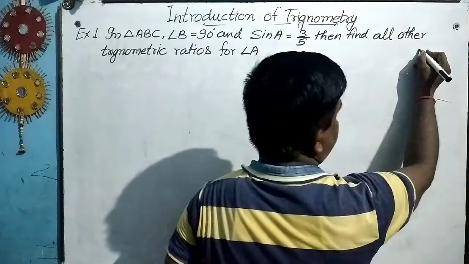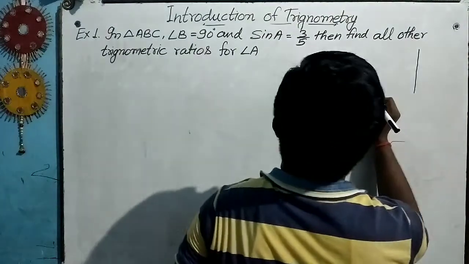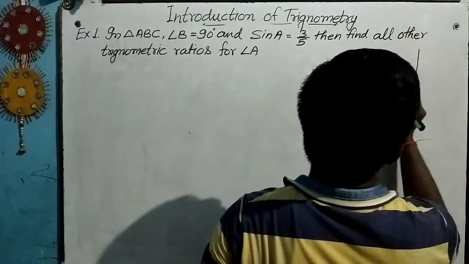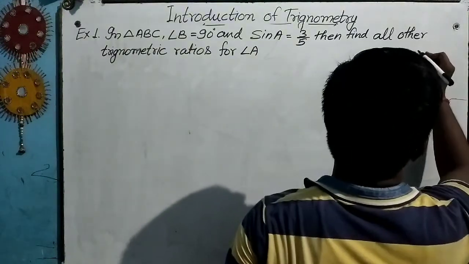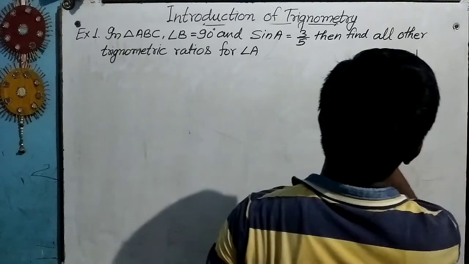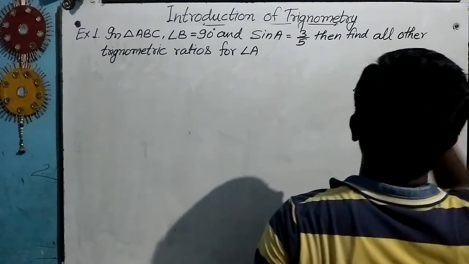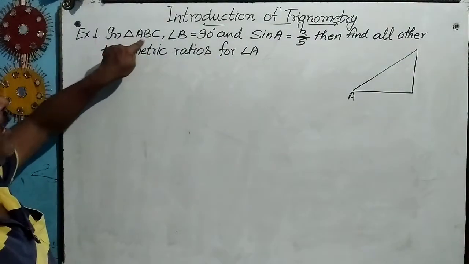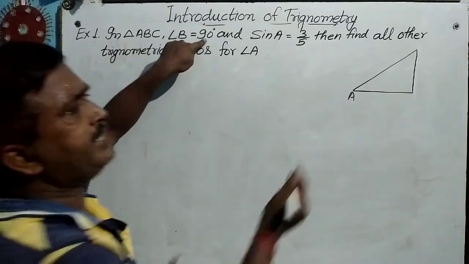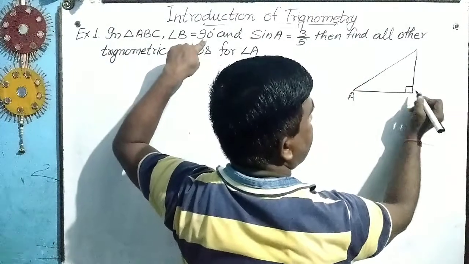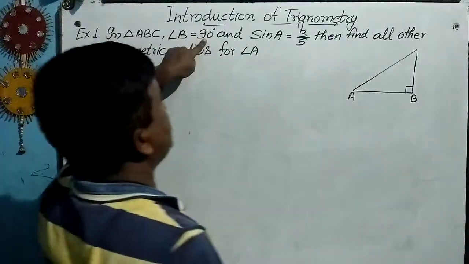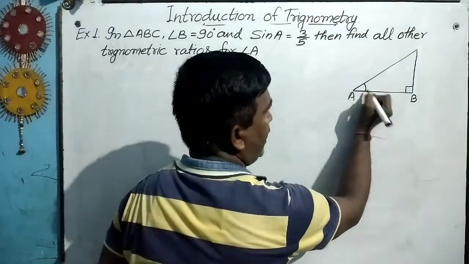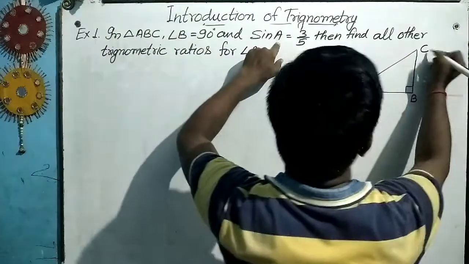If a right angle triangle is here and you have sin A equal to 3 upon 5, then what does it mean? Listen here carefully. Triangle ABC in which angle B is 90 degrees. Then at the 90 degree you have to write B. Angle B is equal to 90 degrees, and here angle A.